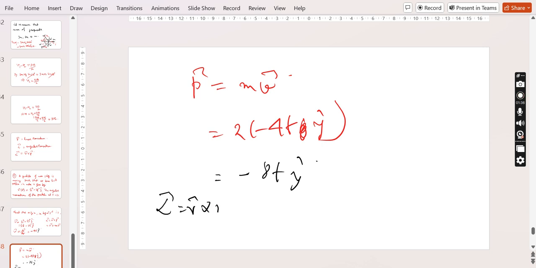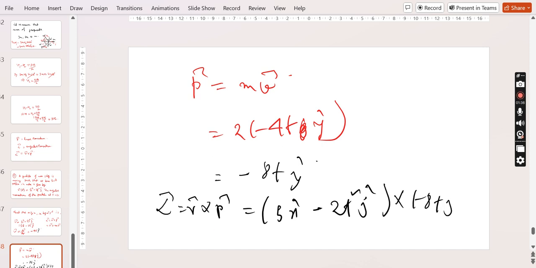L is equal to r cross p, with 5t i minus 2t squared j.